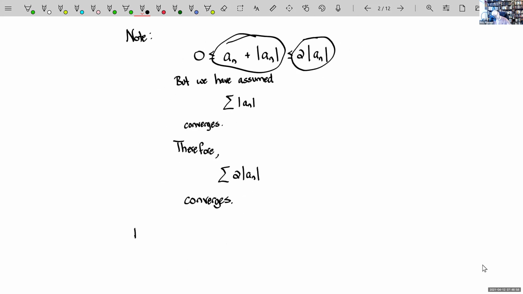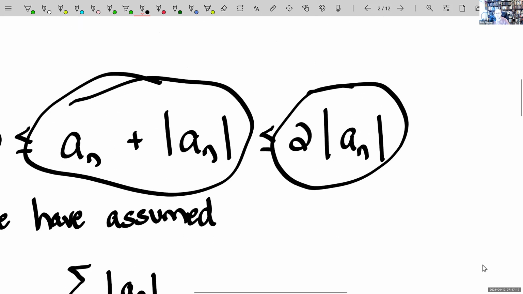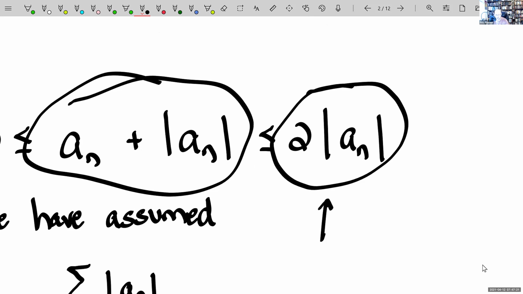So by the series comparison test, the summation a sub n plus absolute value of a sub n converges. That's by the series comparison test. We just happen to have a sequence bounding our sequence above, and that the summation of that sequence converges. So therefore, this summation of this sequence must converge.